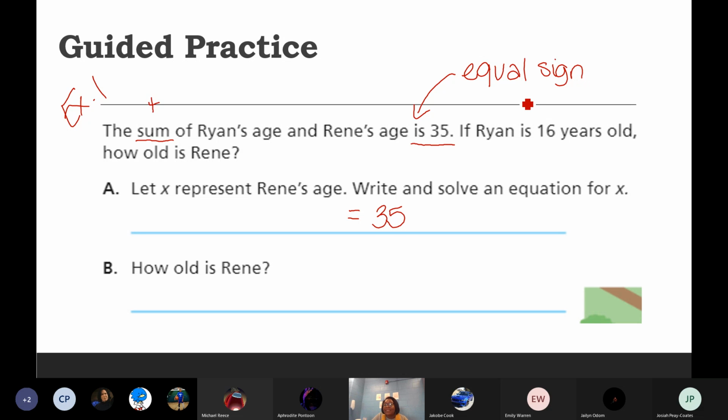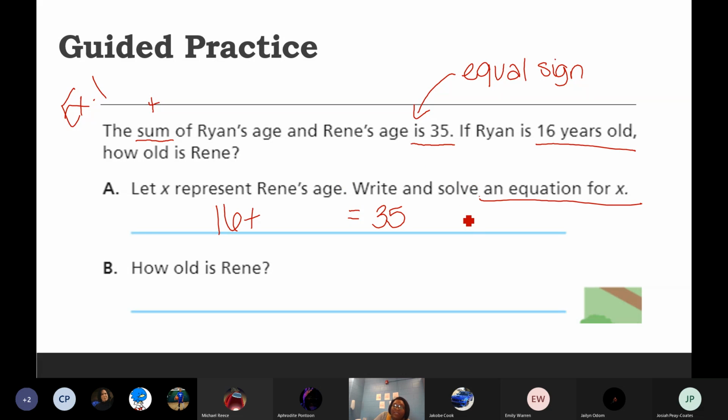If Ryan is 16, that's going to be an important age, important number. How old is Renee? Now, do I already know what operation I'll be using? Addition. Yeah. So 16, and they're telling me to use X for Renee's missing age.